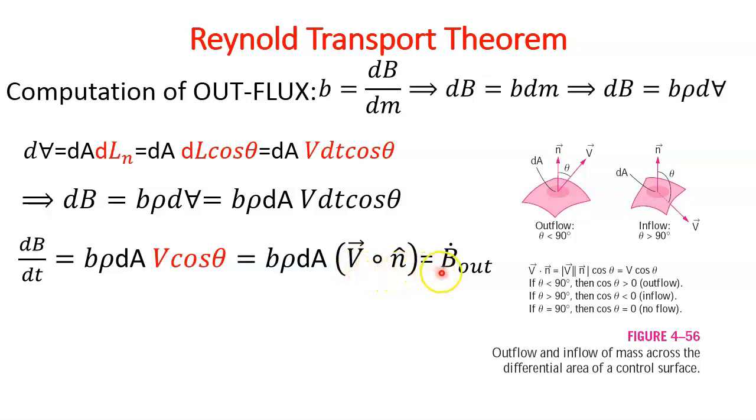This quantity is in fact the rate of change of the extensive parameter B in the outflow.